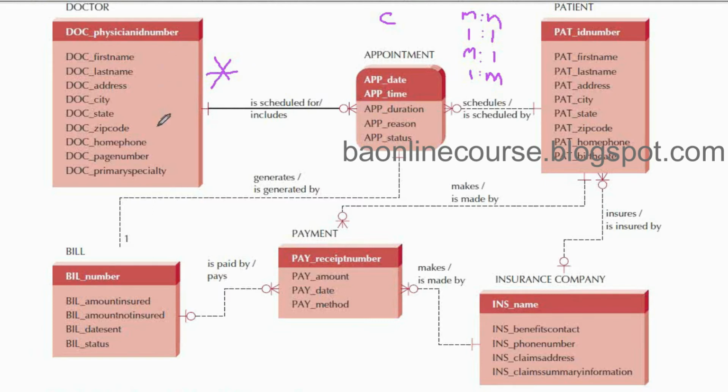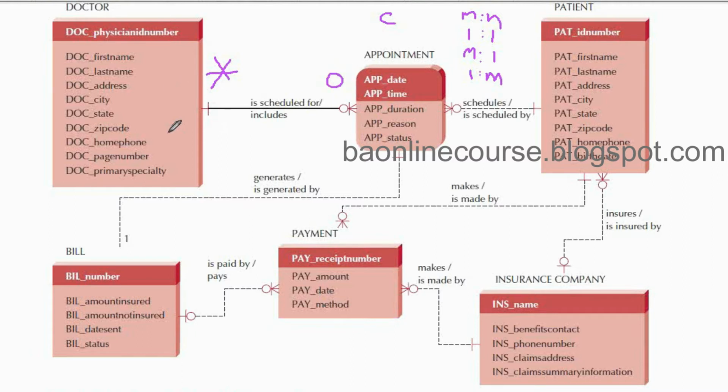Let's say a new doctor has come in, you are registering a new doctor into your hospital. In that situation, does he need to have any appointments? Obviously not. Appointments would come in later. A doctor is not dependent on the appointments.